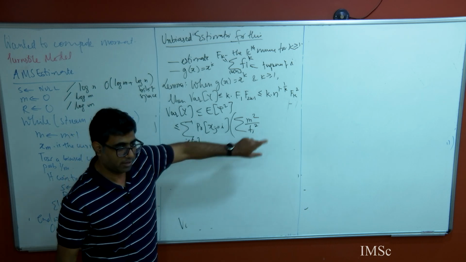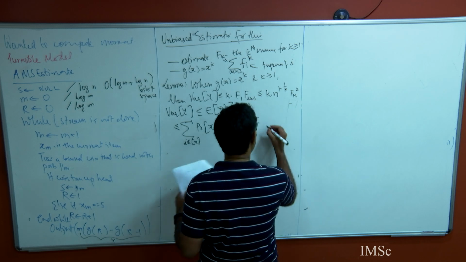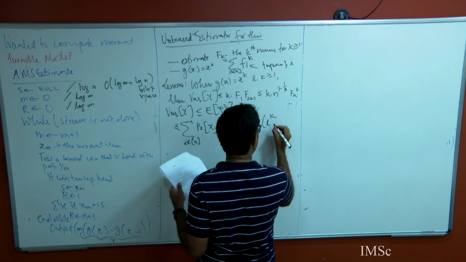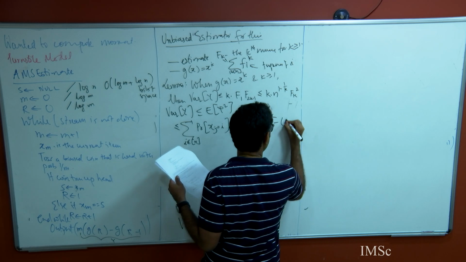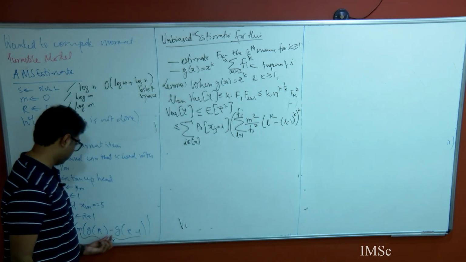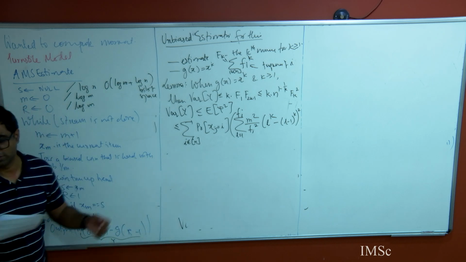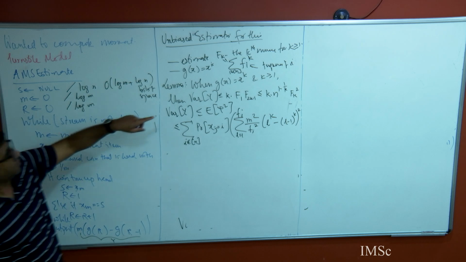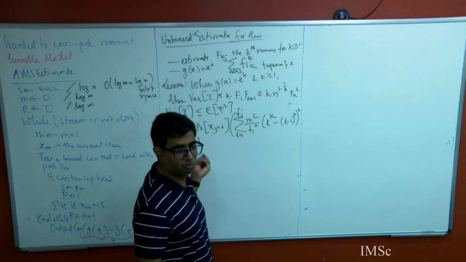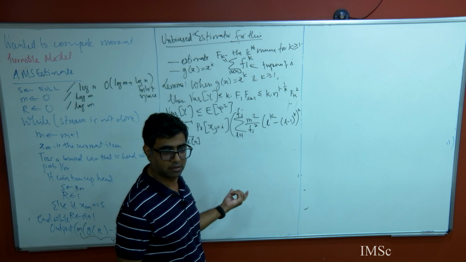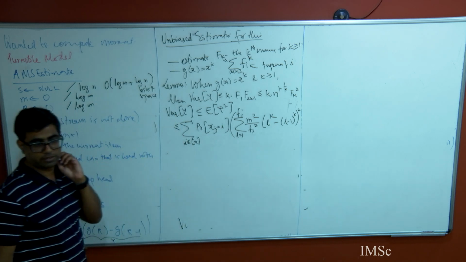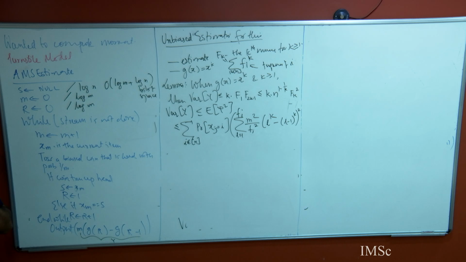And what will this be? The sum over L going from 1 to f_i of L to the power k minus L minus 1 to the power k, whole square. These are the quantities we are going to get, because we are only in the regime x to the power k. So this is the function, and its square is the value that this random variable y square is going to take.